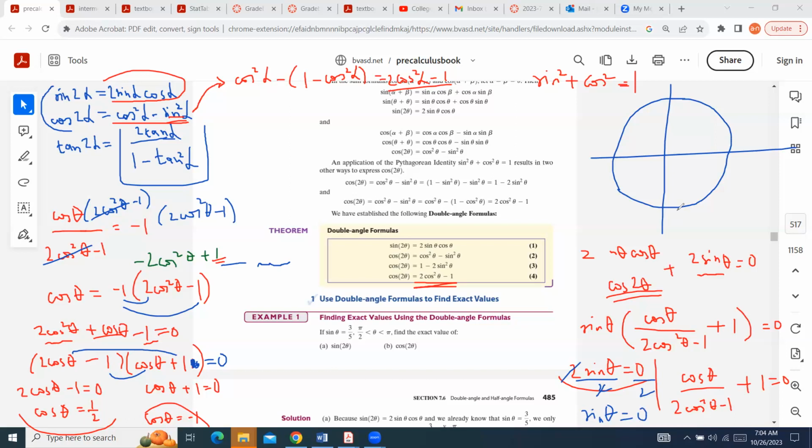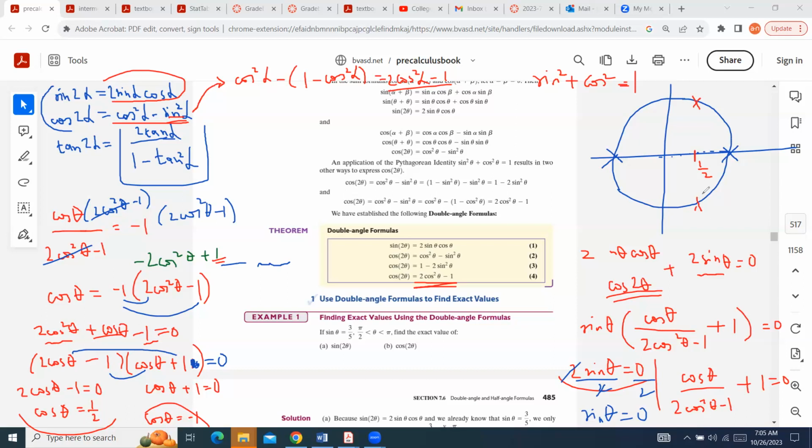Well, sine is equal to 0 for that point and for that point. What's the solution for the next one? The red one, cosine is 1/2. So cosine is equal to 1/2. That's on the x-axis.